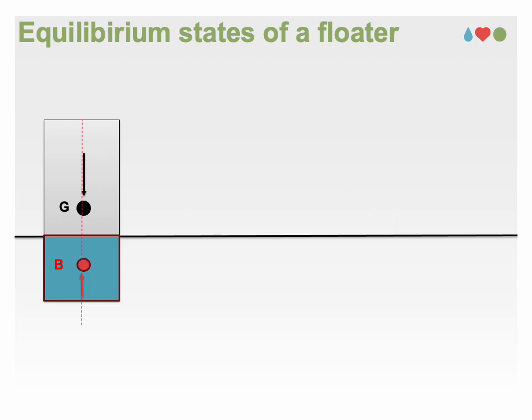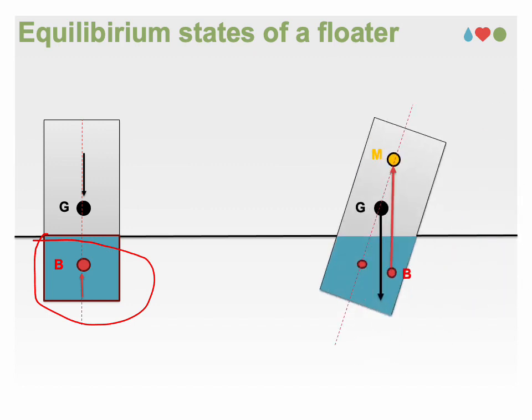The center of buoyancy, as mentioned, refers to the center of the displaced volume of fluid, which is equal to the volume of the solid part of the cylinder submerged in the water, as shown by the blue color area here.